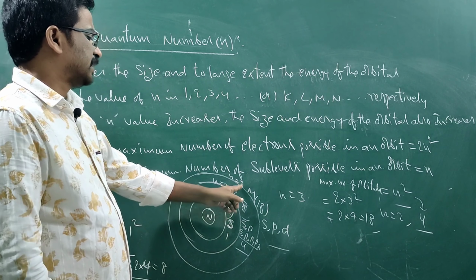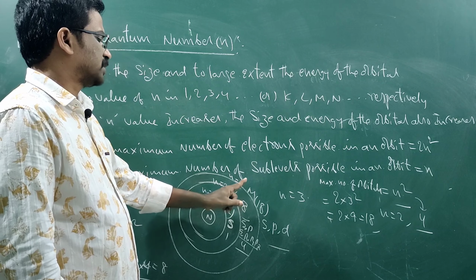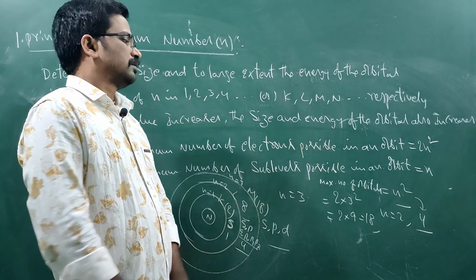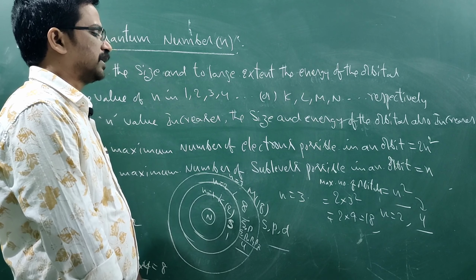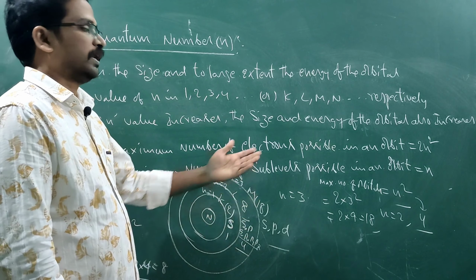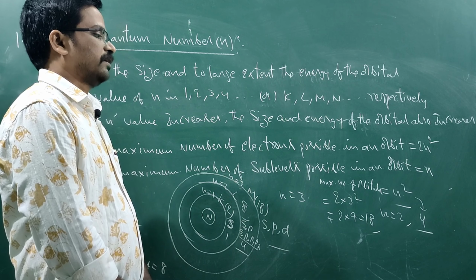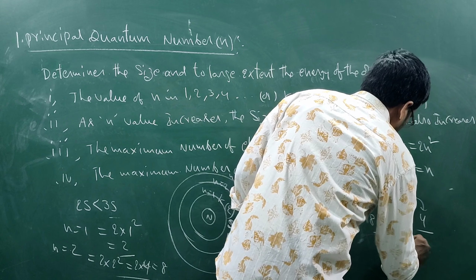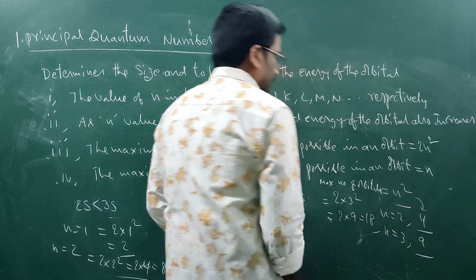Whereas here, for n is equal to 3, put n is equal to 3 in that formula, then you can get 3 square, 9 orbitals. How can we get 9 orbitals?